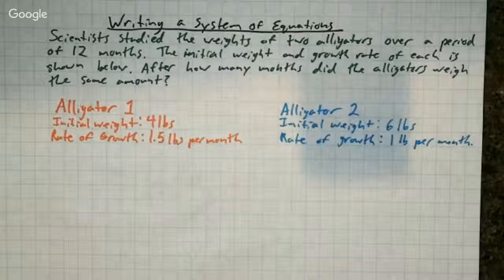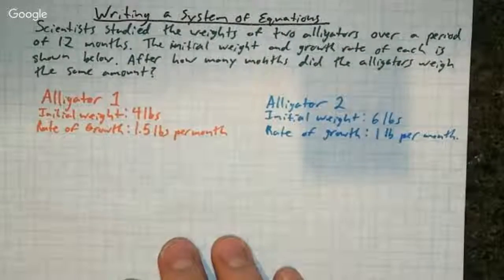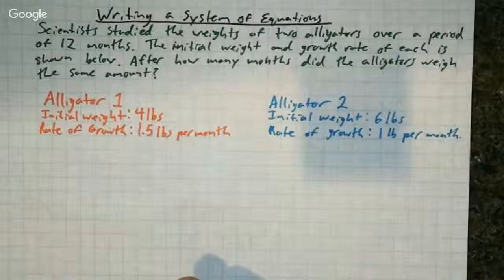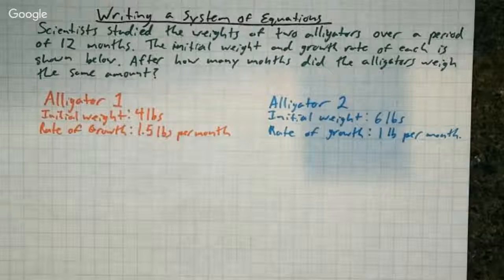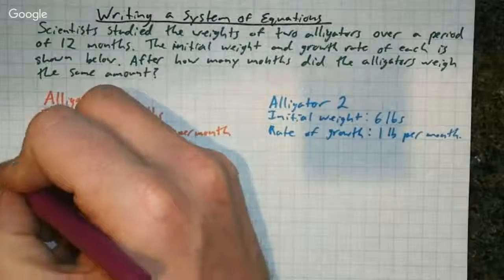Okay, so we have our information on both alligators. Now, the first thing we want to do is talk out what our equation would look like. So, in words, what would we do?